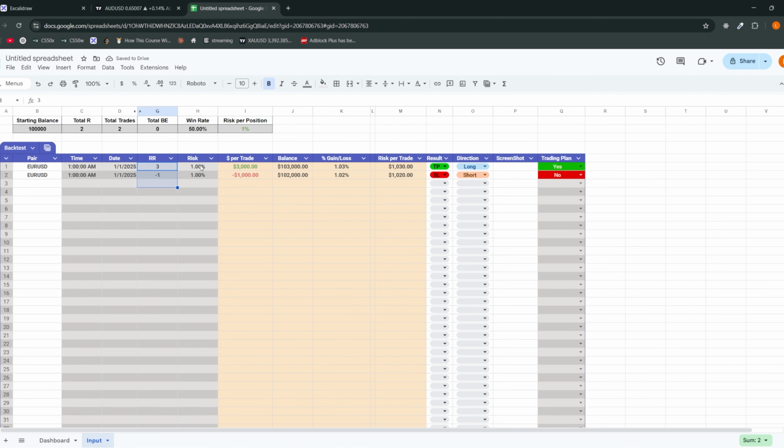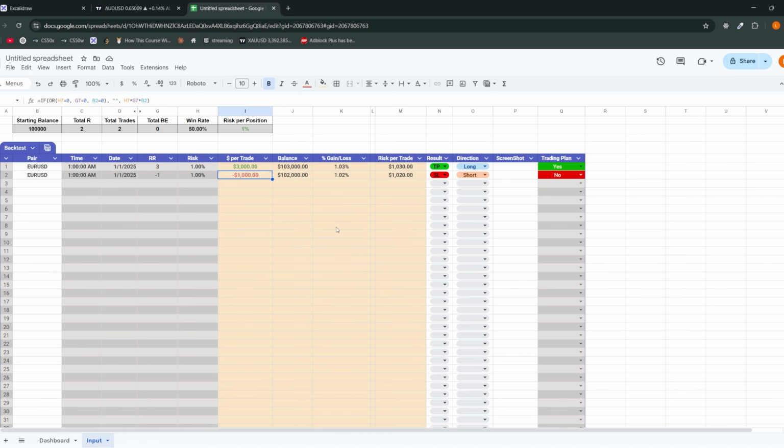The RR, the risk, and so on are all cells for the calculation of the balance of the gain and loss, how much I will trade, etc. Keep in mind that this backtest will not use progressive risk. So for example, if I have a trade that takes me to a balance of $103,000, I will not risk $1,030 in the next trade. I will still risk $1,000.